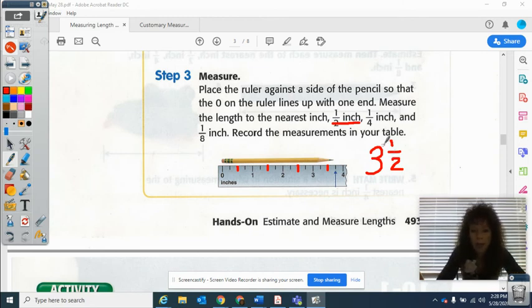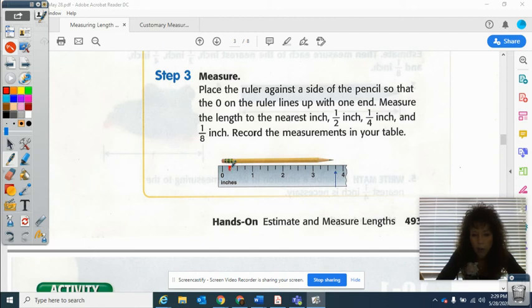Then the last thing it says, oh no, we got 1/8 too. Okay. So the nearest 1/8 inch, well, let's find out where our quarters are. So the quarters are halfway between the half marks.